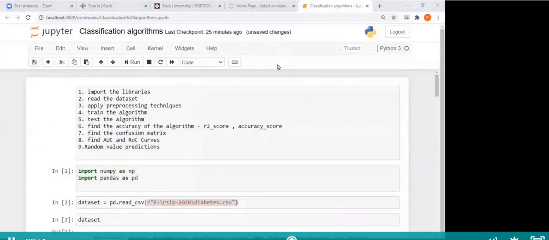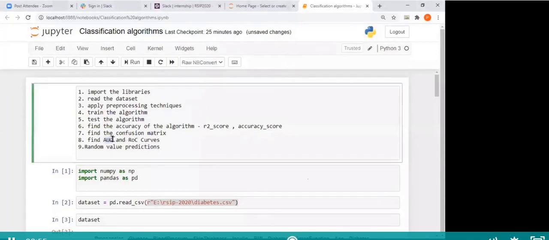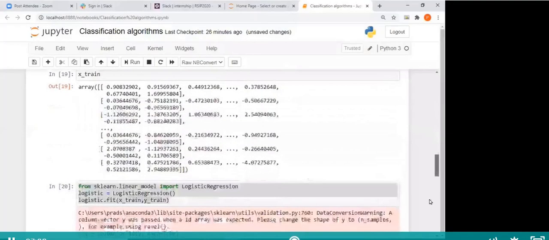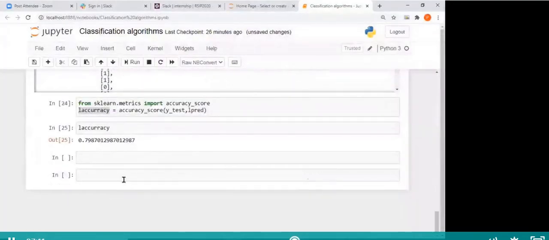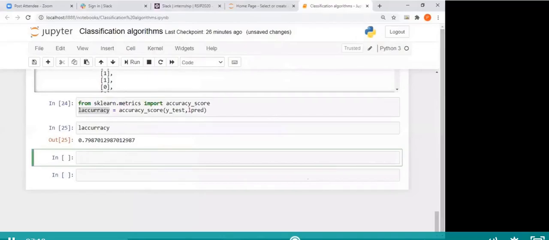Here AUC is area under curve, ROC is receiver operating characteristics. So let's calculate that ROC and AUC, but before that there is another one.